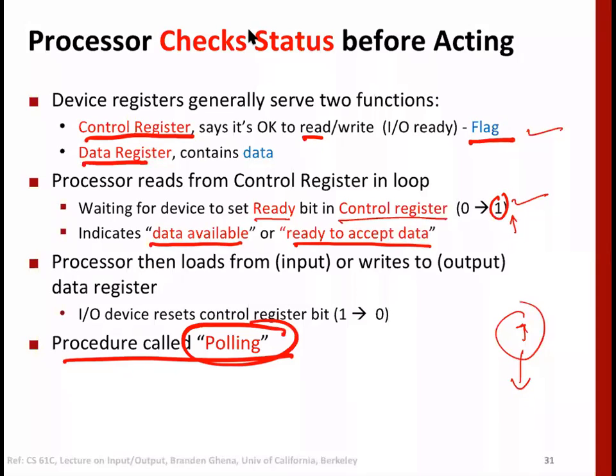So exactly the same thing will happen for a processor. It will periodically check whether this control bit is set to 1. If it is 1, then it means that there is data, and it will read the data from the box or the buffer. All right, so this method of periodically going and checking whether something is there or not is called polling.